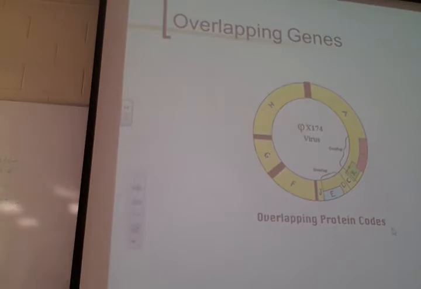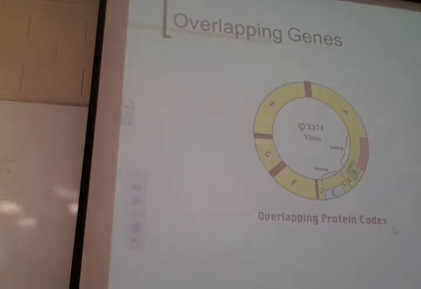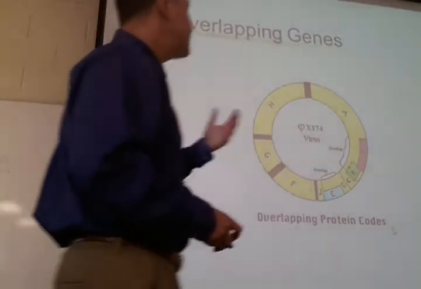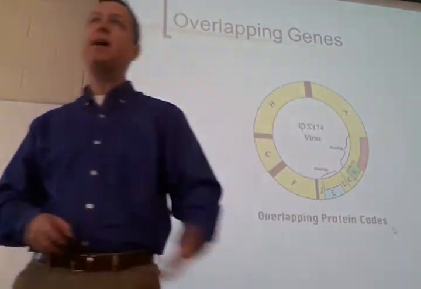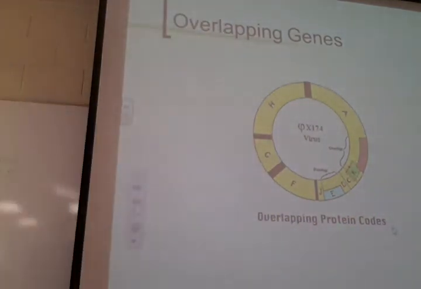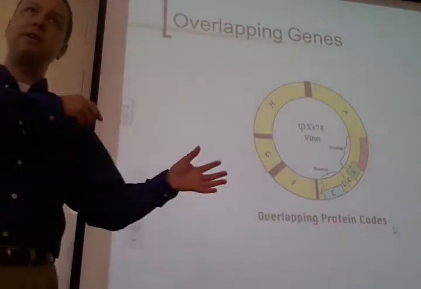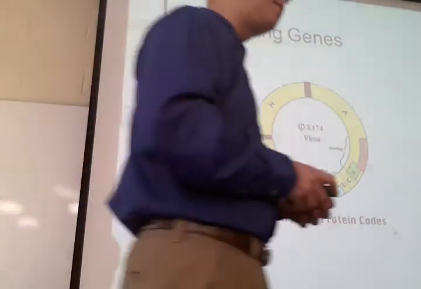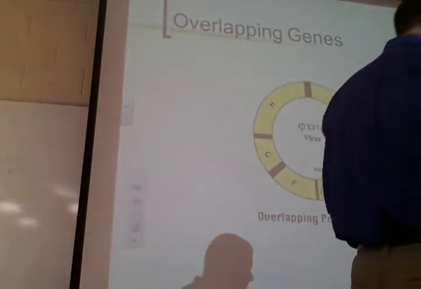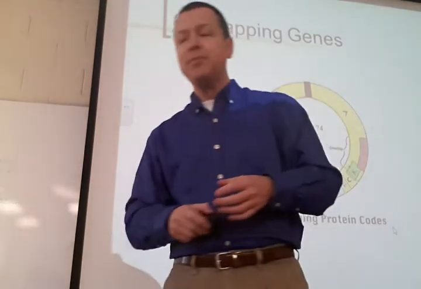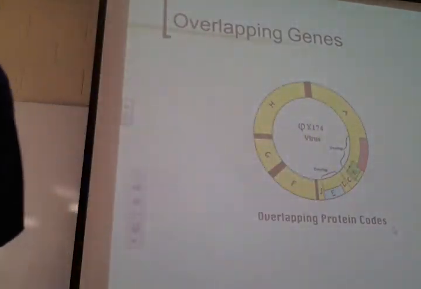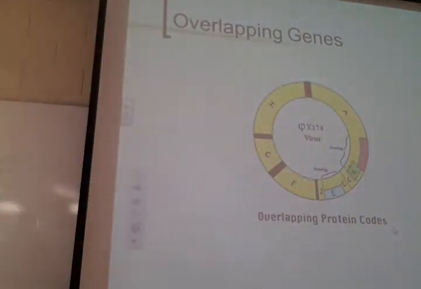This was, I believe, the first exception to the rule that was discovered. But since then, lots of other viruses, and even most cell types, across the phylogenetic spectrum, so plants and animals and fungi and protists, have all been shown to have at least a small number of overlapping genes.